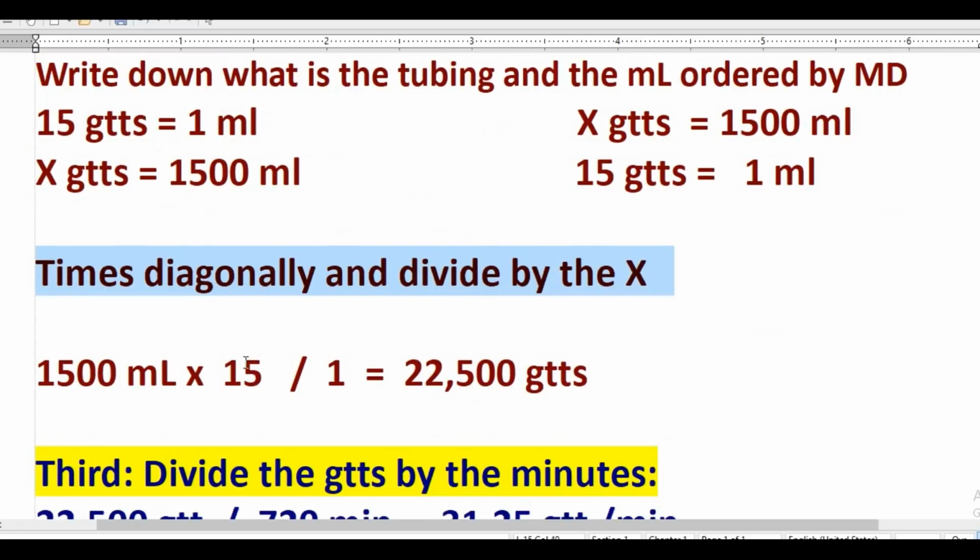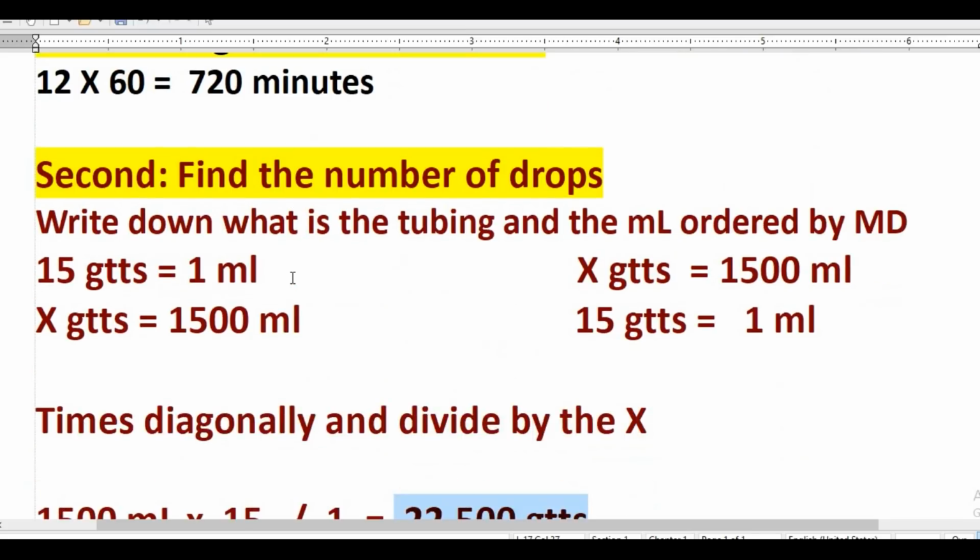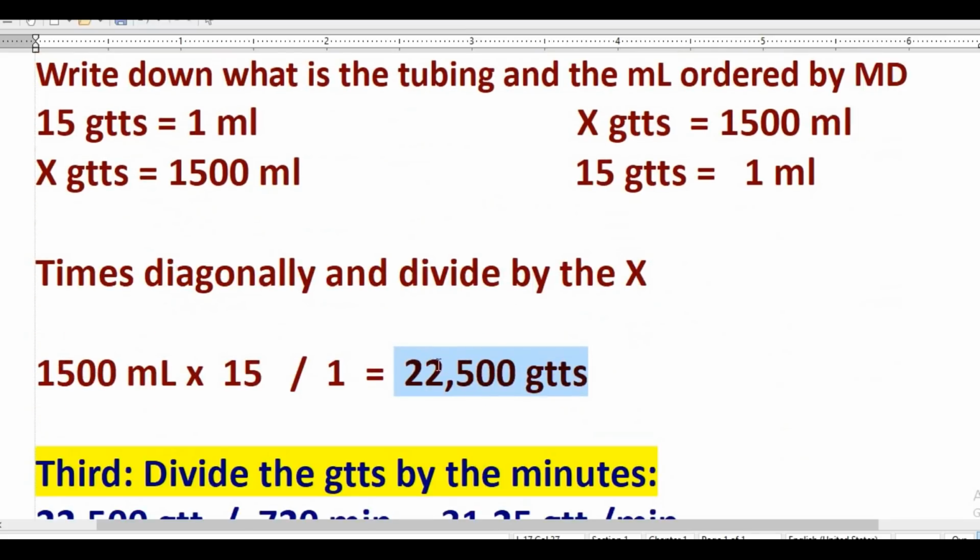1,500 milliliters times 15 drops divided by 1. So times diagonally and divide by the X, and you come up with 22,500 drops. So far we have 720 minutes, and we have 22,500 drops.